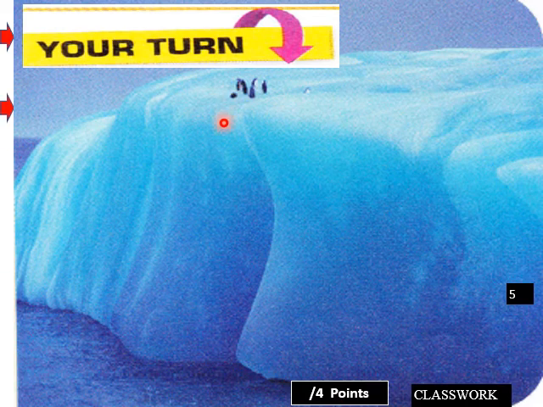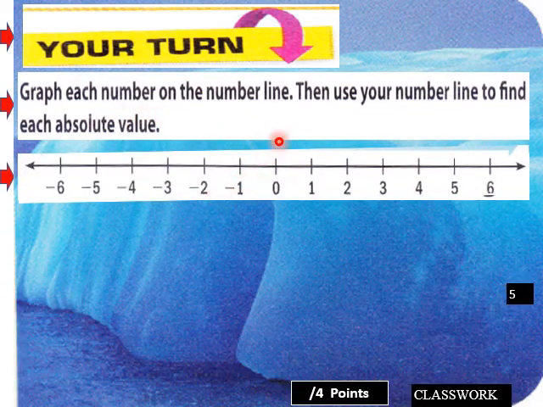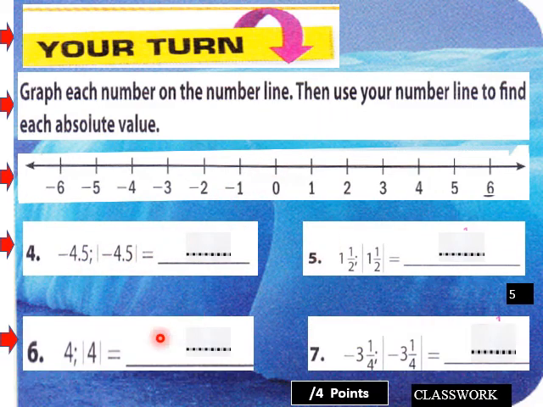Okay, so let's try some on your own. Graph each number on the number line, then use your number line to find each absolute value. So we have problems 4 and 5, and we have 6 and 7. We have negative 4.5 here. So what would be the absolute value of negative 4.5?